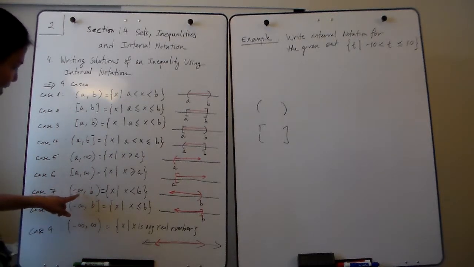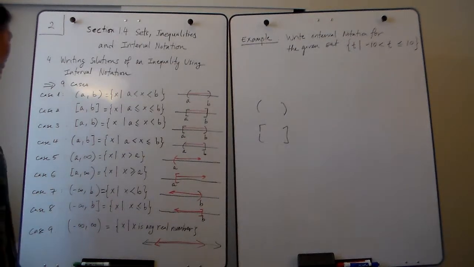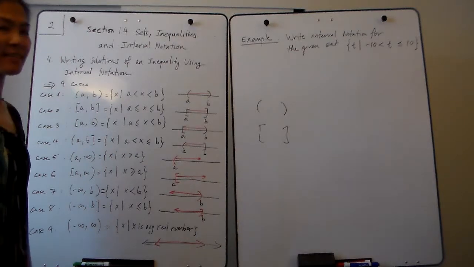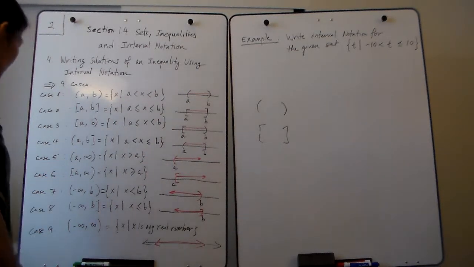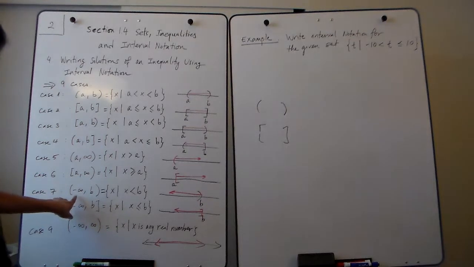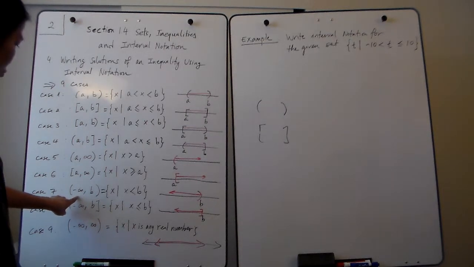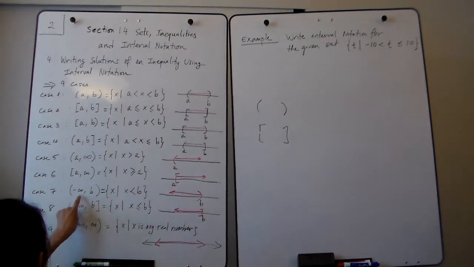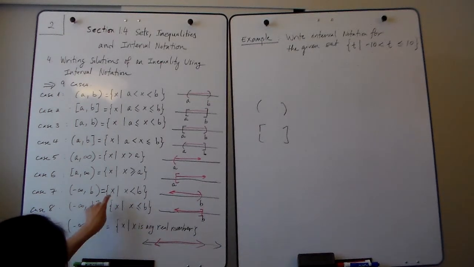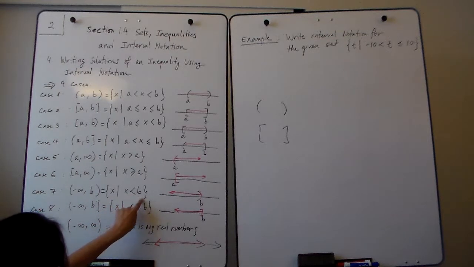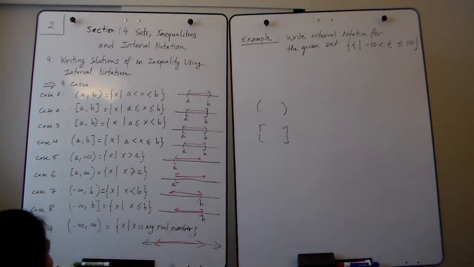Case 7, we use negative infinity, meaning, again, the solution extends without bound, but to the left, to the negative side. So in the interval notation, we use negative infinity, and then comma B. For set notation, we say x such that x less than B. On the number line, we have from B to the left.